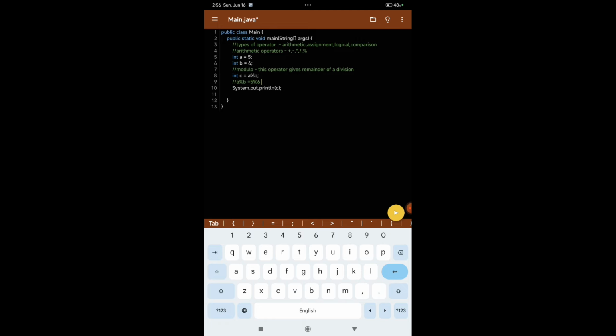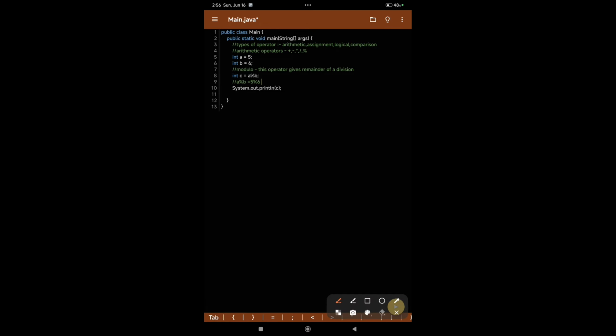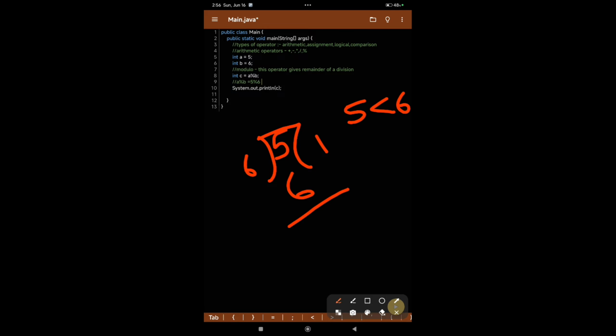Now 5 is smaller than 6, so I can't do it.